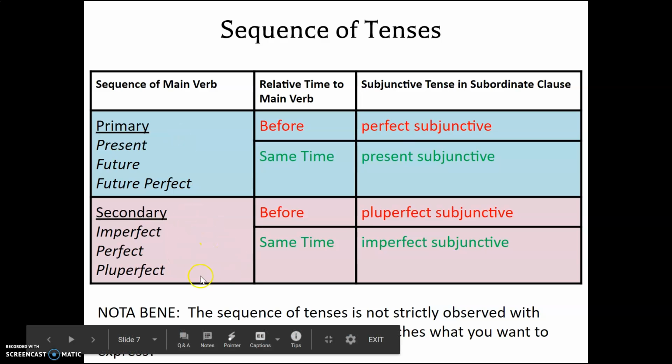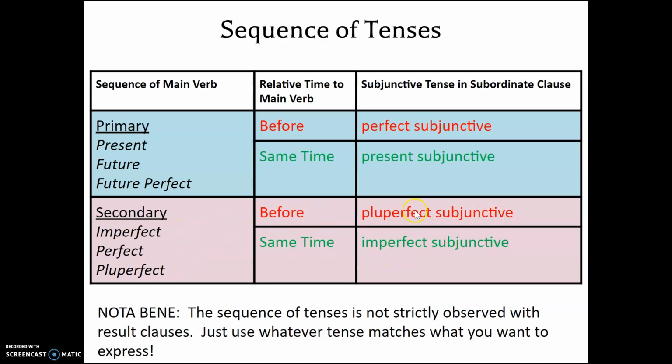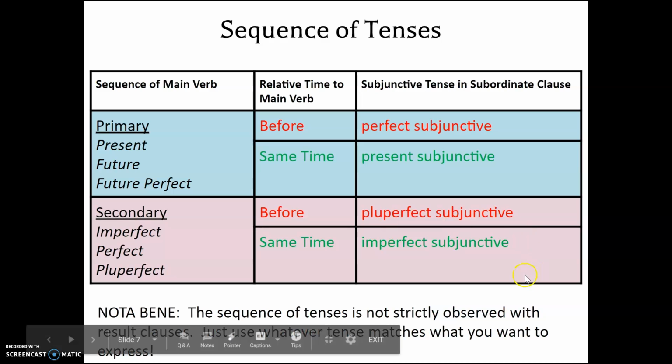And then in secondary sequence, when you have a main verb in the past tense, to express action before that past tense, you're always going to use the pluperfect. And then for simultaneous action, we're going to use the imperfect. All right, let's do some examples together.